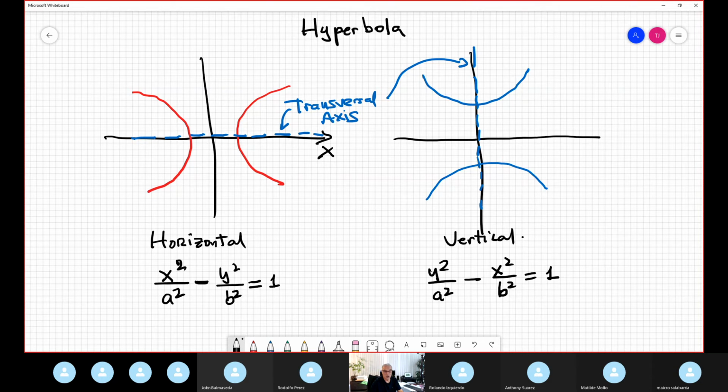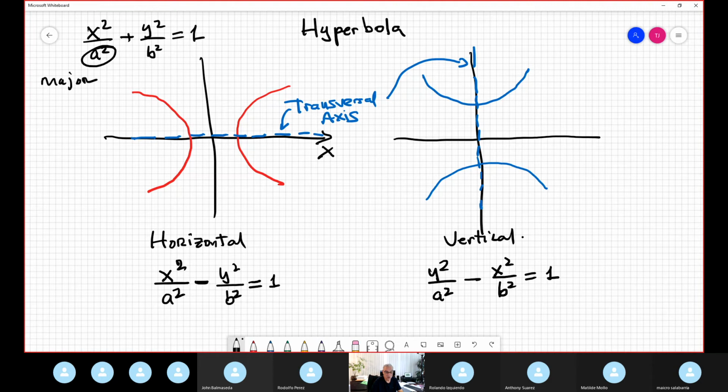Entonces you see something weird, because in the ellipse the students get confused. In the ellipse, A is always the major axis because A is the big number. In the hyperbola, not necessarily. So A is always associated with the positive part.